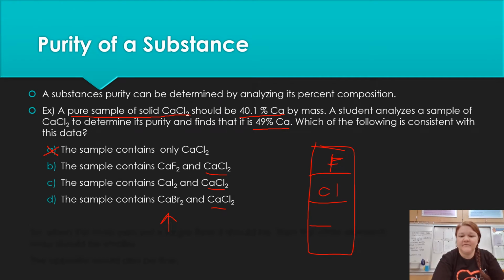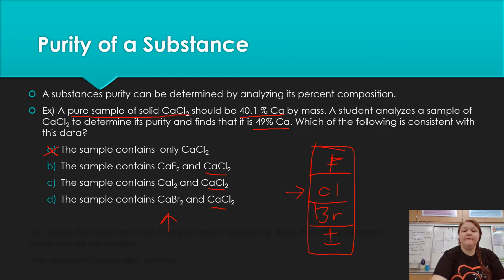Chlorine, bromine, Br, and iodine. Okay, so this is the one we know is in the mixture, calcium chloride. Now, is the other chemical, that impurity, going to have fluorine, bromine, or iodine? That's our question.